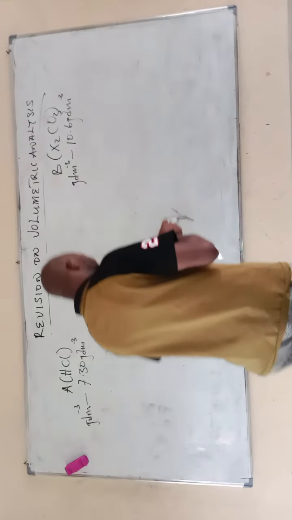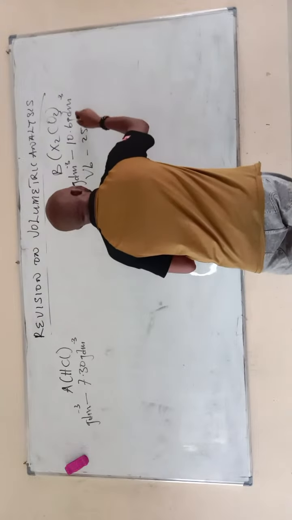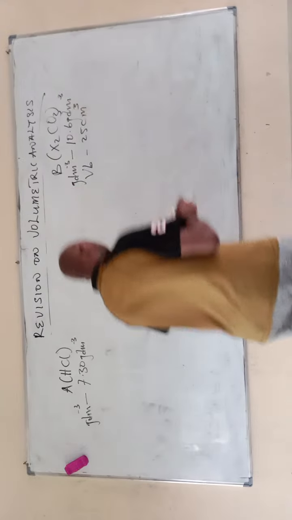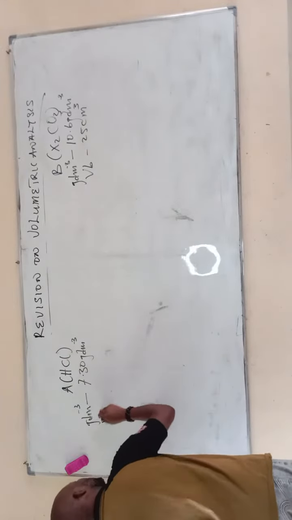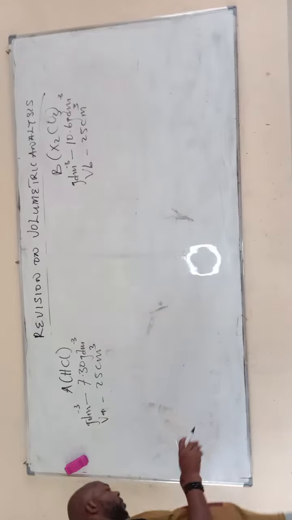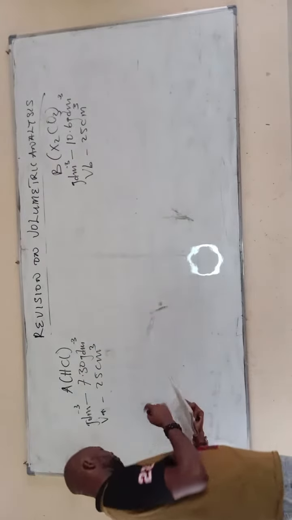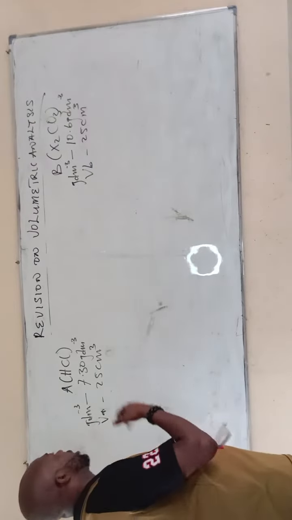Now when we put that and titrate, the volume of the base is 25 cm³ and that of the acid is also 25 cm³. At the end of the day, we are bound to calculate.